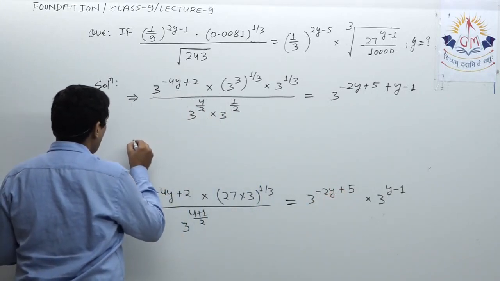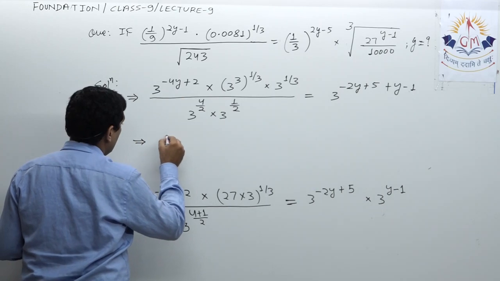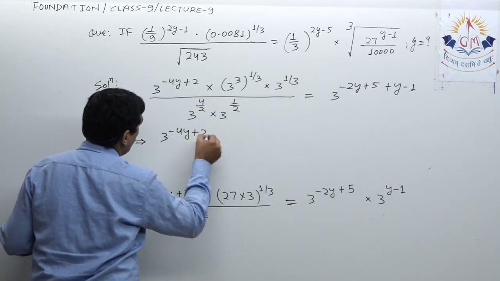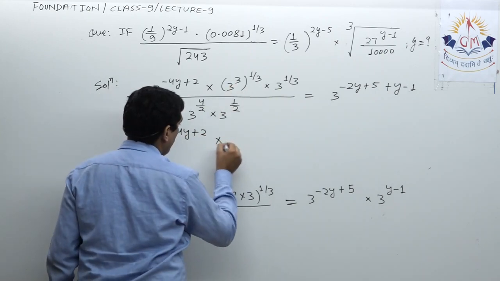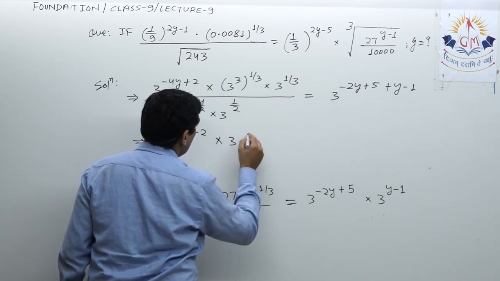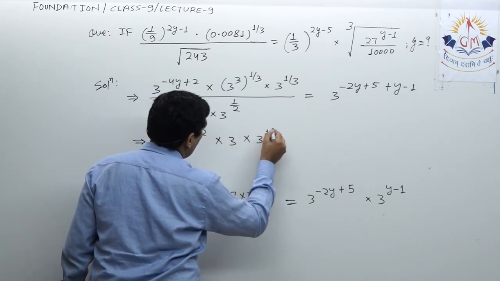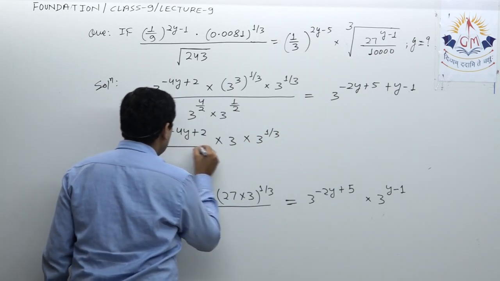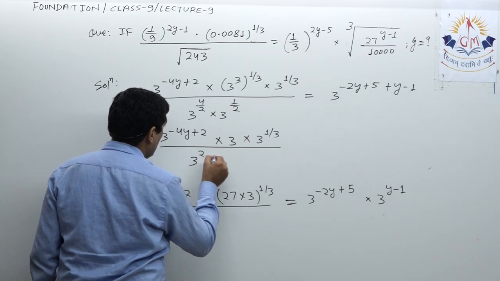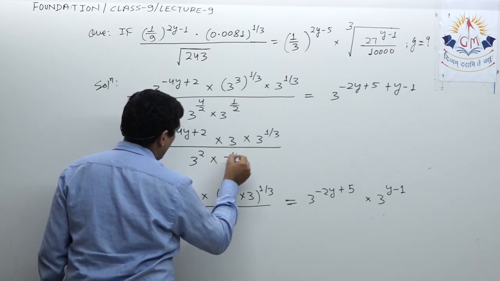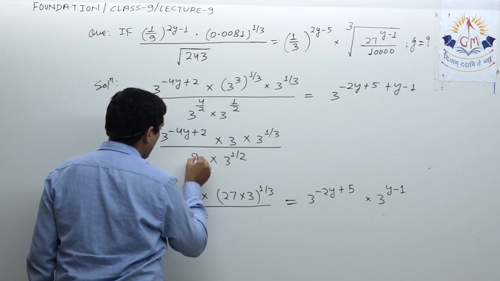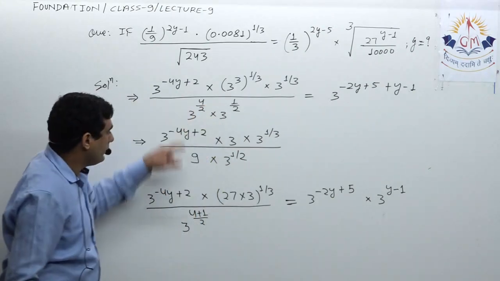Now further here it will become 3 raised to minus 4y plus 2, 3 and 3 will cancel out, so 3 raised to 1, or simply I can write 3 multiplied by 3 raised to 1 by 3 divided by 3 raised to 2, 3 raised to 1 by 2, or here at this place of 3 raised to 2 I can write directly 9. 3 raised to 4 by 2 is 3 raised to 2, that is 9.